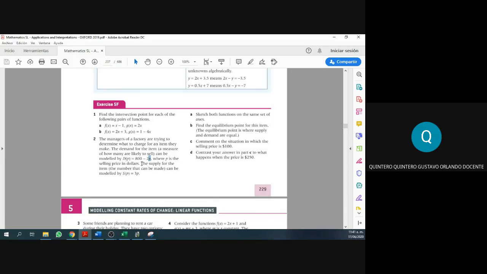Okay. And the supply for the item. So what is a supply? The supply is the number that can be made, the amount that can be made. These are how many we can sell, and this is how many we can make. At this exact moment, talking about facial masks, I don't really know what would be the supply, right?